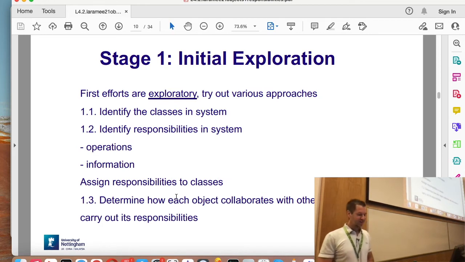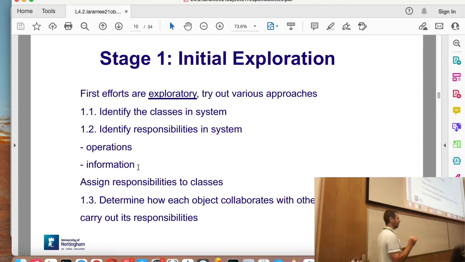The initial exploration is identifying classes, identifying responsibilities. So when I say responsibilities, we're going to talk about that in a few minutes. That means methods and the data that those methods operate on. I'm using these terms data and information interchangeably.